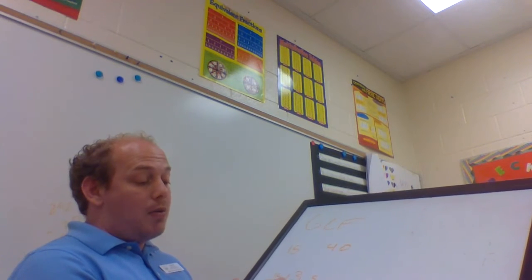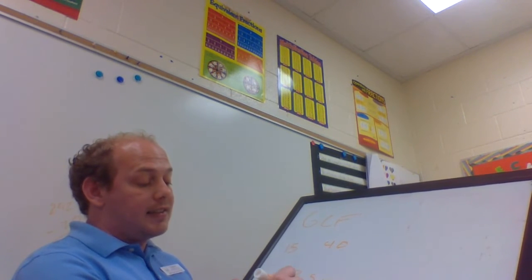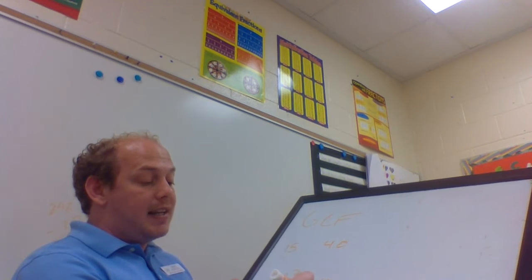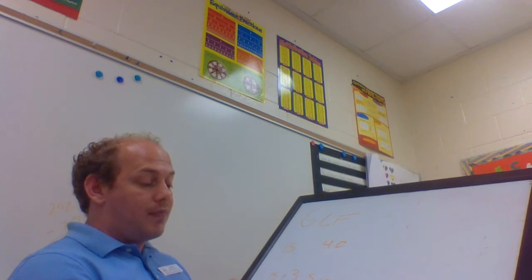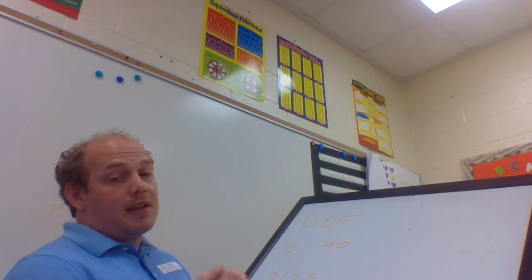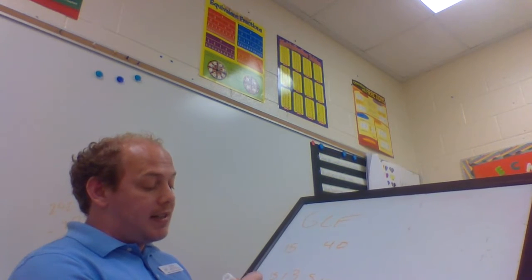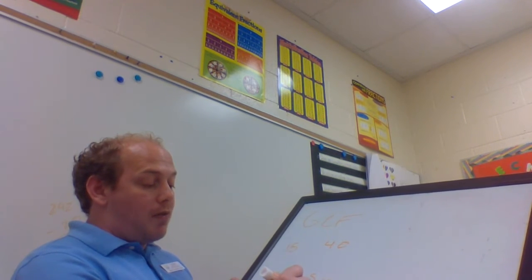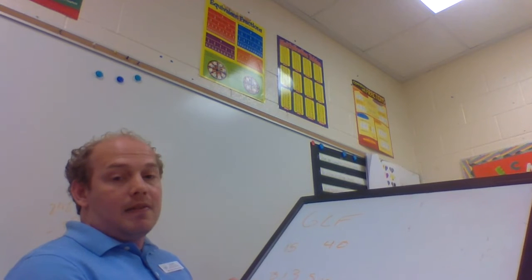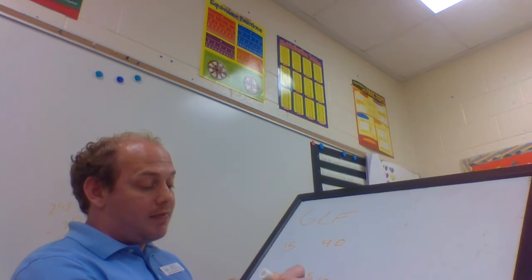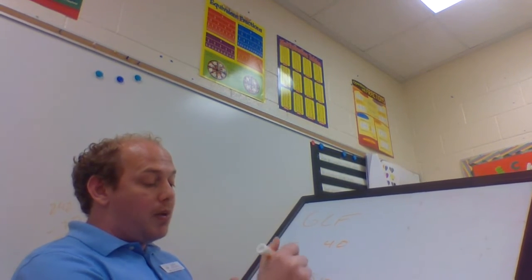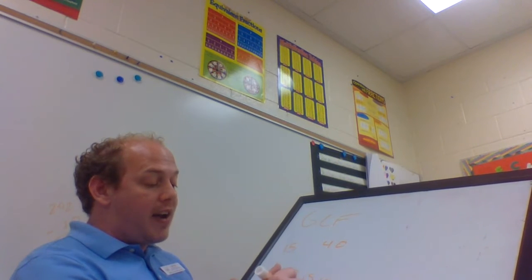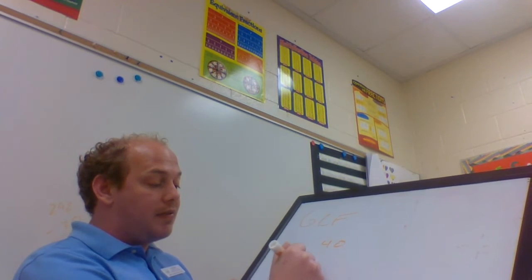No. Will 4 go into 40? Yes. And 4 times 10 equals 40. Will 5 go into 40? Yes, because it ends in 0. So 5 times 8 is 40. Now, we can see our greatest common factor is 5.